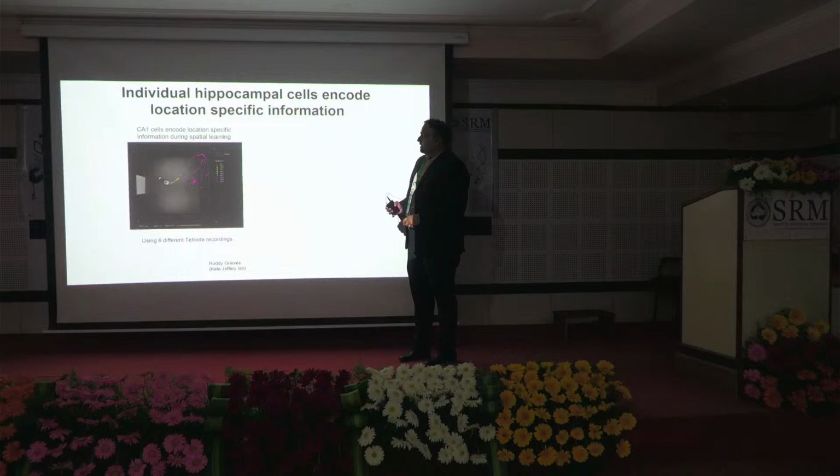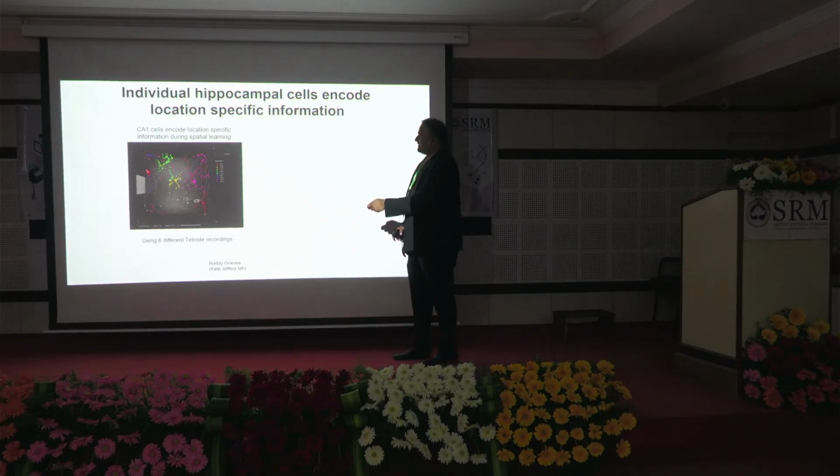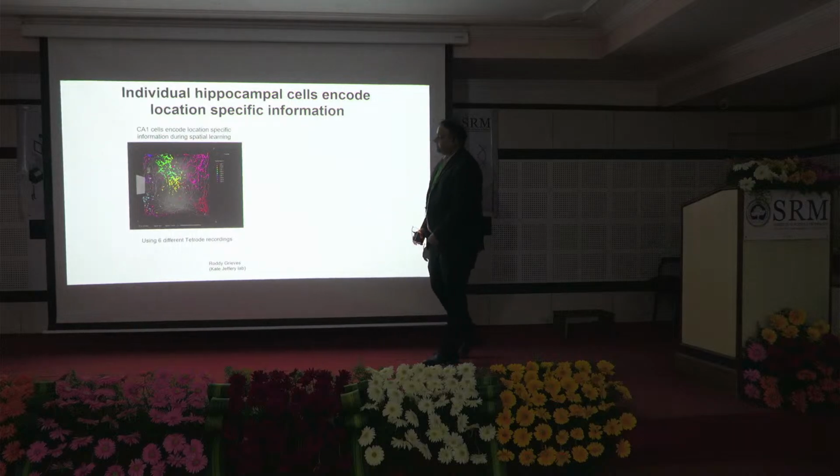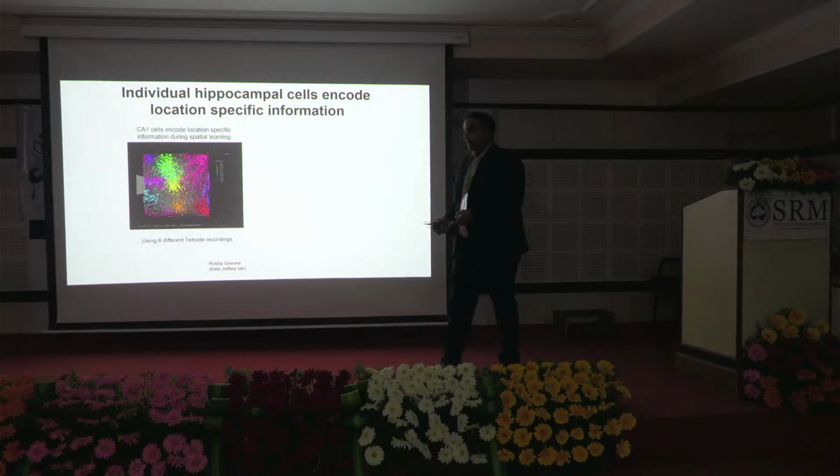The pink cell will only fire in this location. The green cell will only fire in this location. The yellow cell will only fire here, and so on. Together, these 10 cells almost map an entire map of this environment. And so these cells are called place cells.